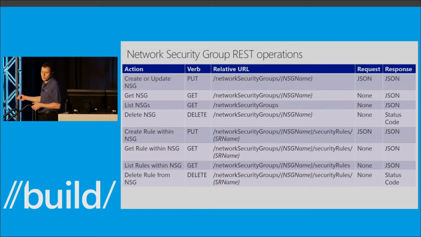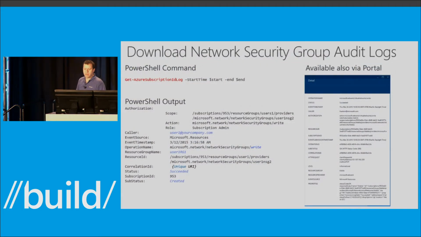That gives all of the security rules we have configured for this network security group. So that's all fine, and then deleting is the same. It's all pretty predictable, but just for completeness, make sure that's there.